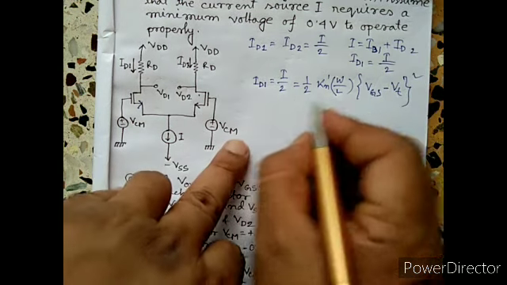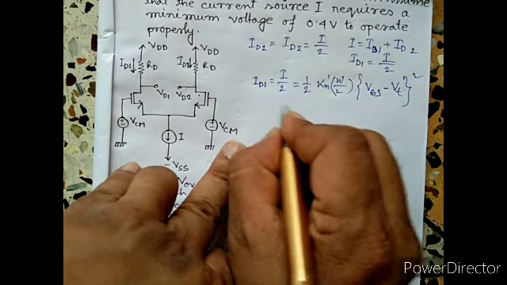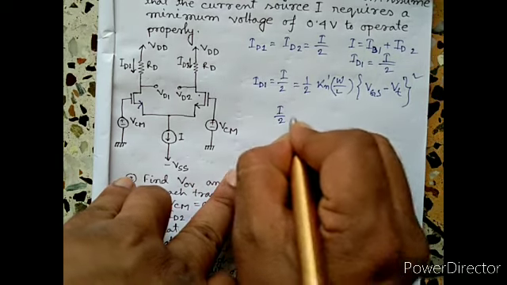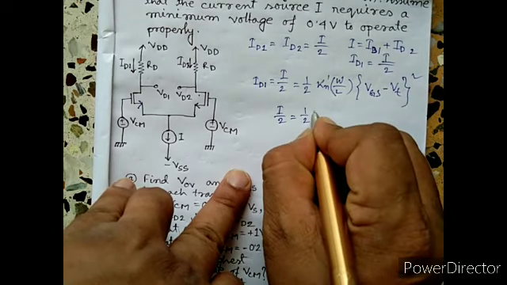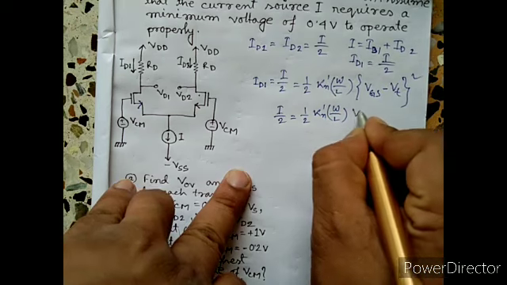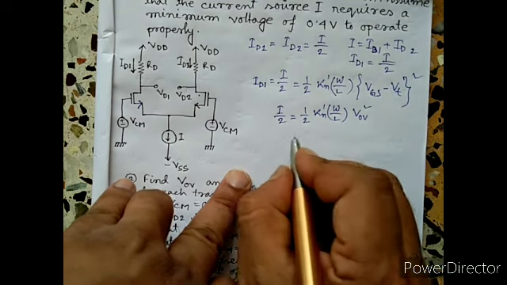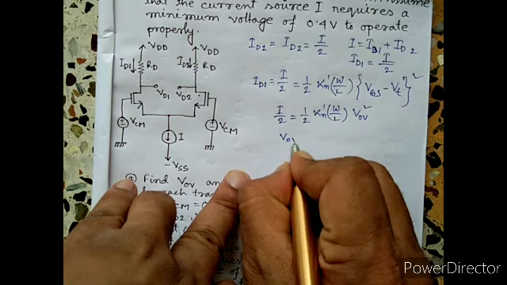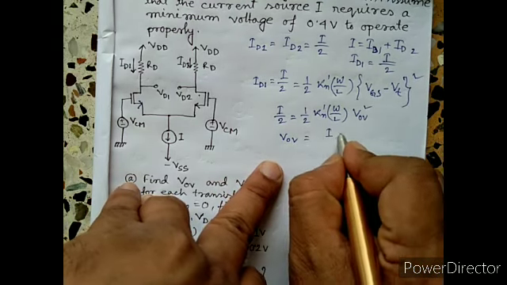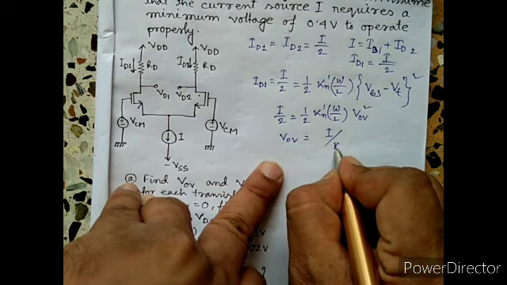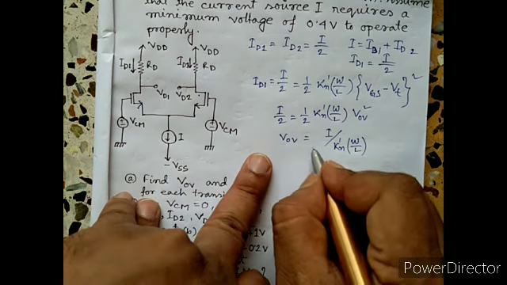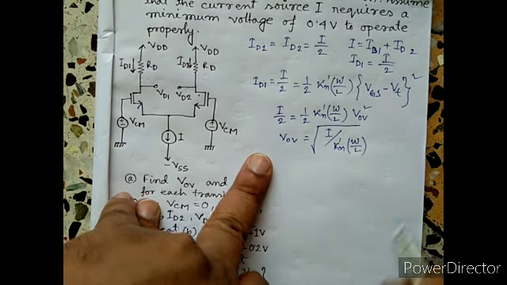So I by 2 equals half Kn dash W by L into overdrive voltage squared. So the overdrive voltage equals the square root of I by Kn dash W by L.